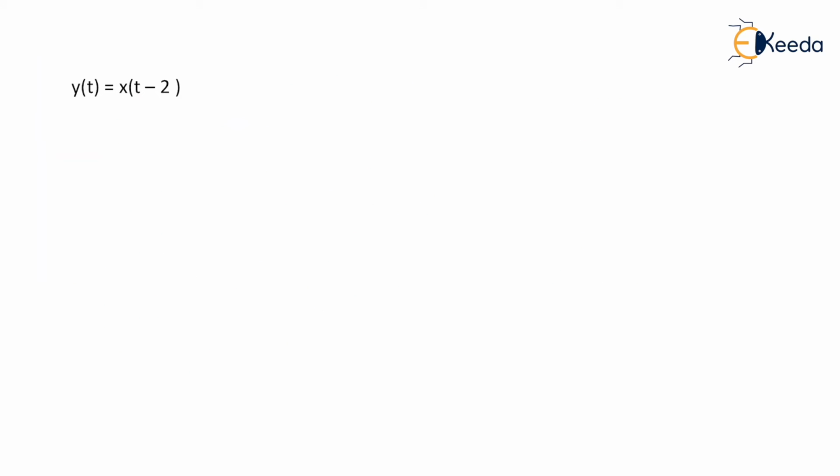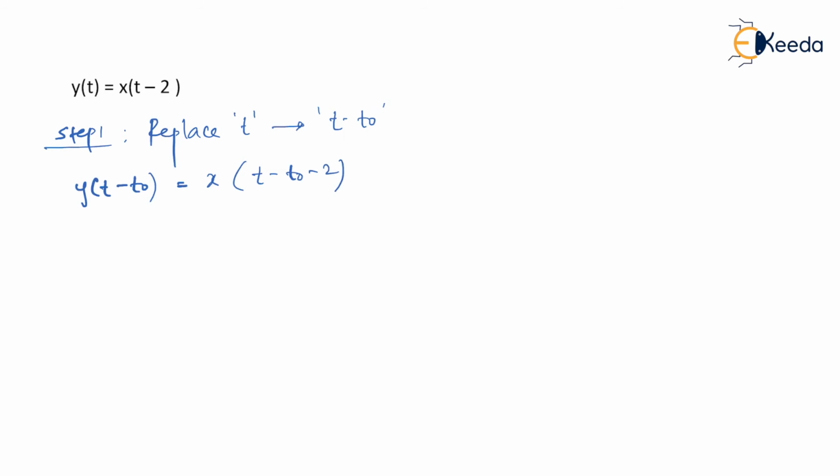Now y of t is equal to x of t minus 2, right? Let us follow the steps. Step number 1, replace t with t minus t naught. So it gives you y of t minus t naught, which is equal to x of t minus t naught minus 2.